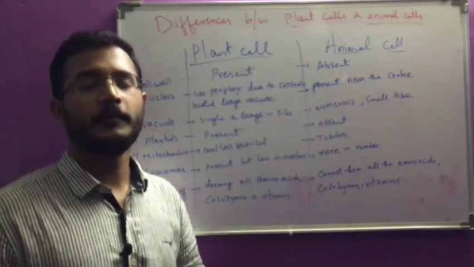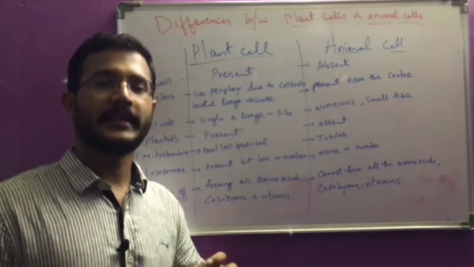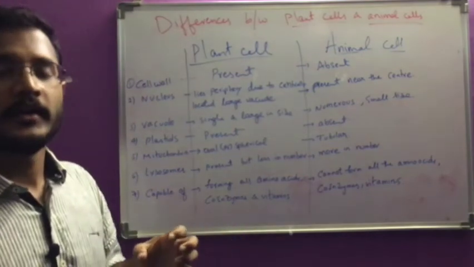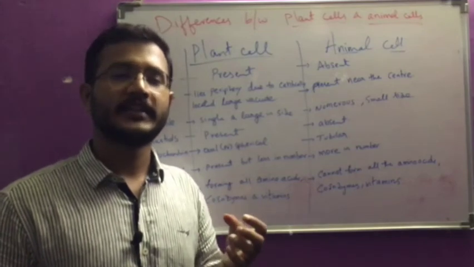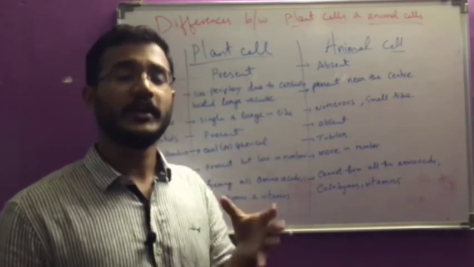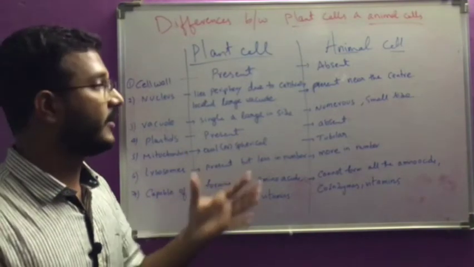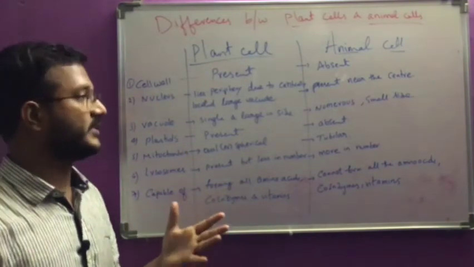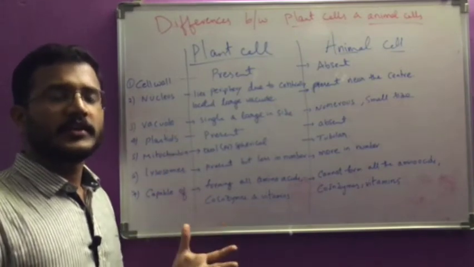And in the animal cell the nucleus is present in the middle, at the central position of the cell, because the vacuoles are very small in size, they cannot push the nucleus to the peripheral location. Here the vacuole is large and there they are very small and numerous inside. And plastids, what are plastids?